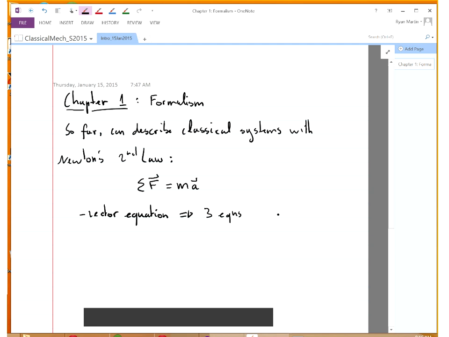It's 1 equation per component, and I mean 3 equations in 3-dimensional space. So every time you write out Newton's second law as a vector equation, you're really writing out 3 equations, 1 equation for each component. Okay?